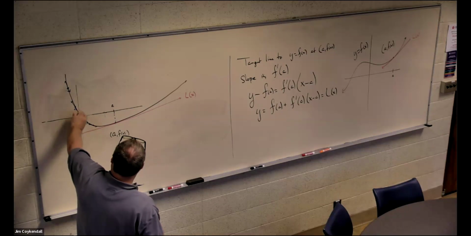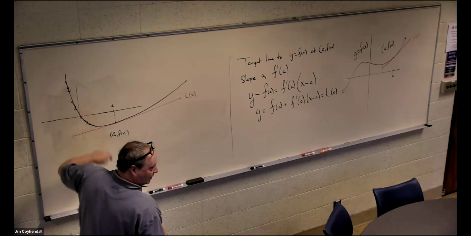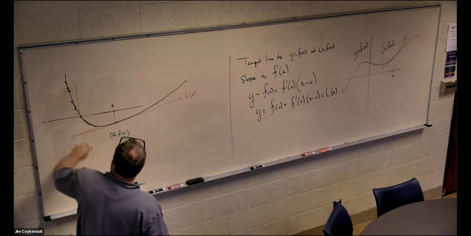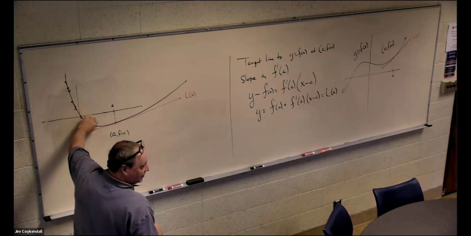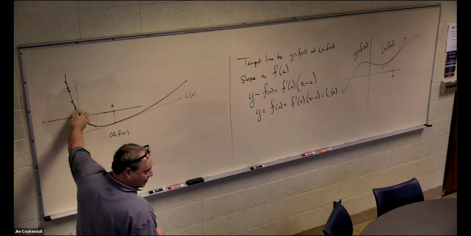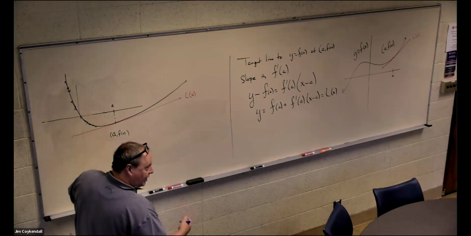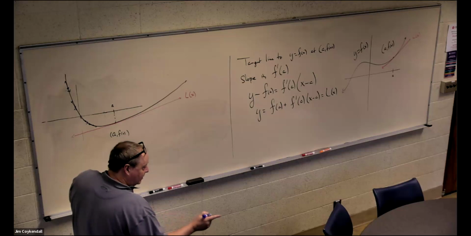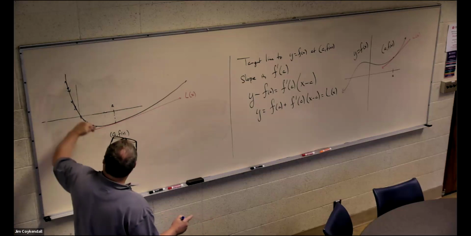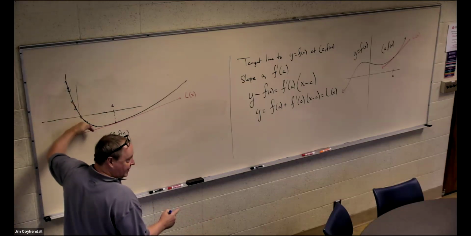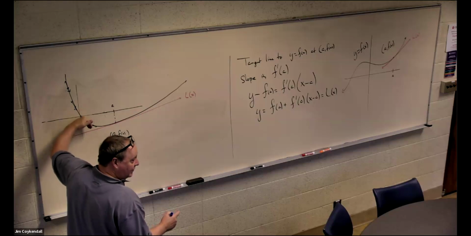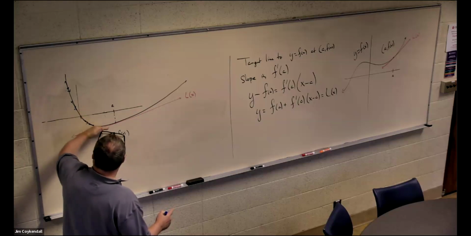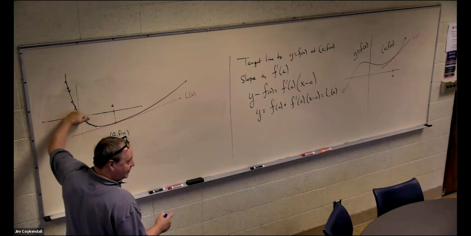Move into somewhere where it starts to pull away. The change of the slope of the tangent line is changing pretty fast. And what is the change in the slope of the tangent? So the slope of the tangent line is the derivative, and the change in that is the second derivative. Notice right here, the change in the slope of the tangent line is pretty rapid.